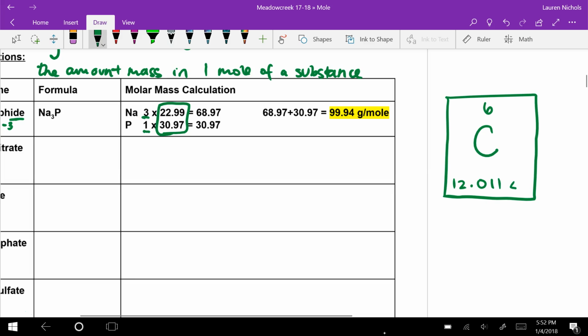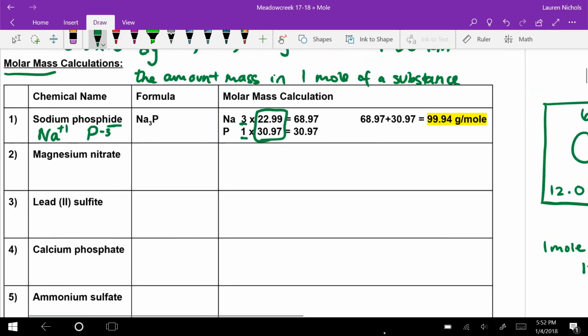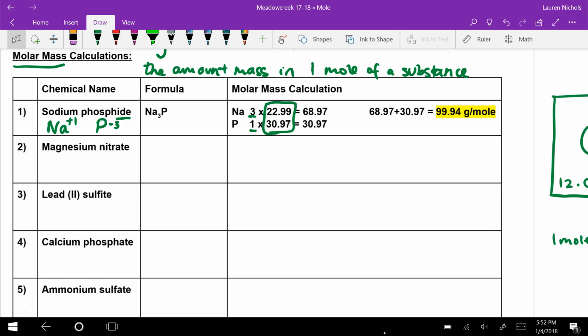And this not only is measured in atomic mass units, but it is also the number of grams in 1 mole. So that's saying that 1 mole of carbon is equal to 12.011 grams of carbon. Now, this is useful to us because even though we don't know the molar mass of sodium phosphide, we can use the periodic table to help us figure out the molar mass of its individual components and then add them together.